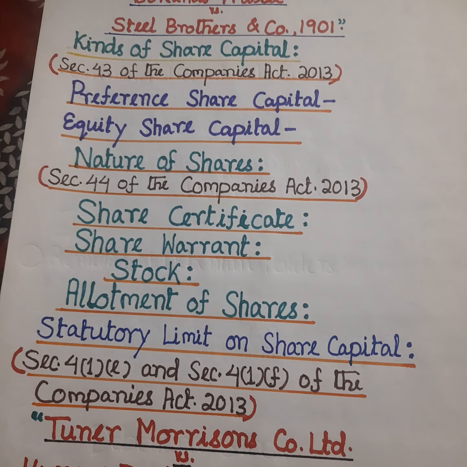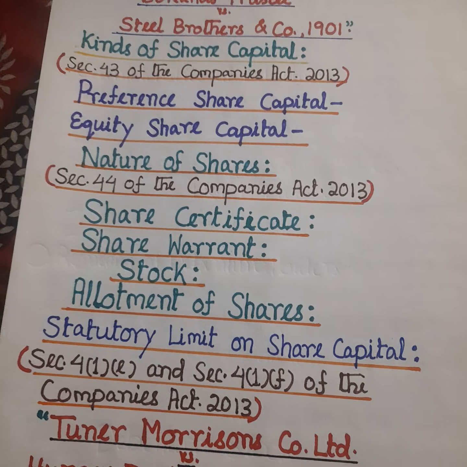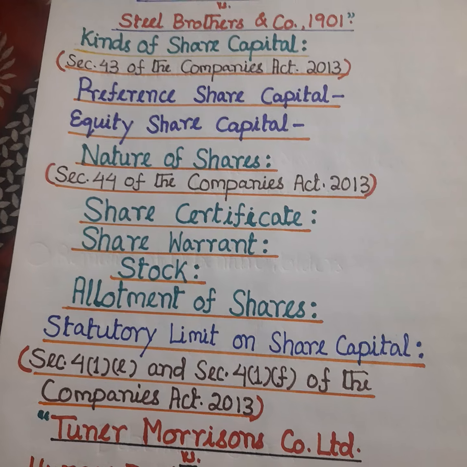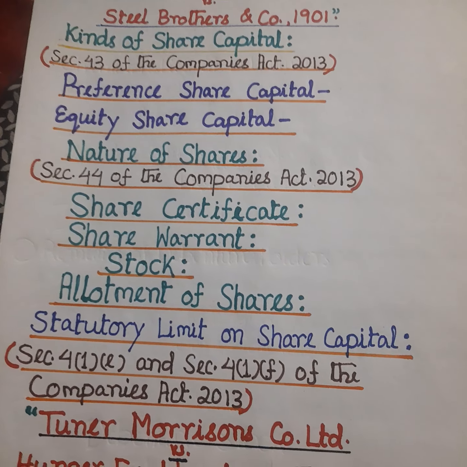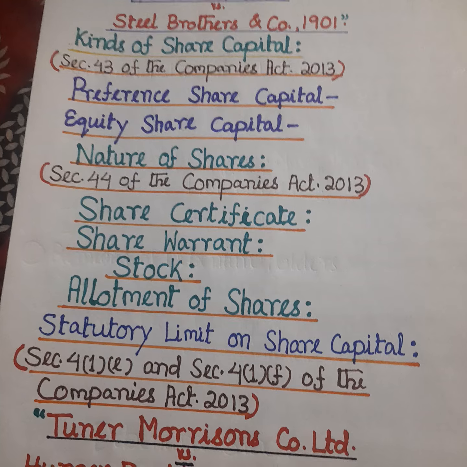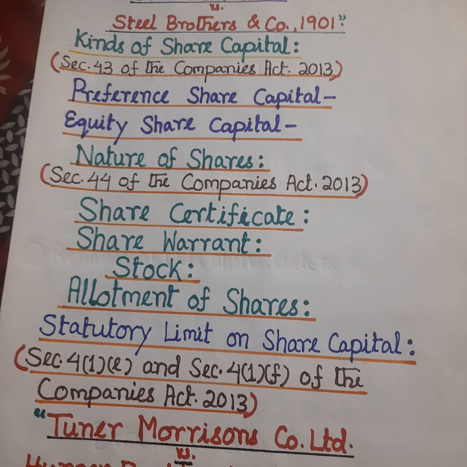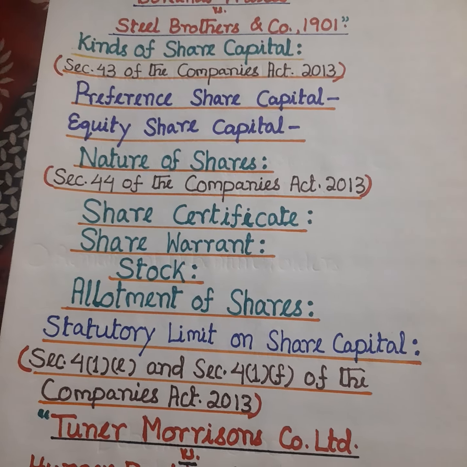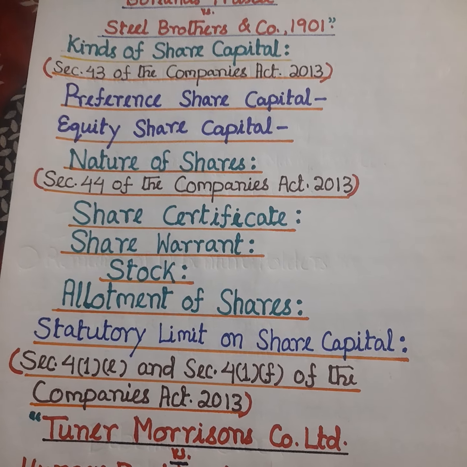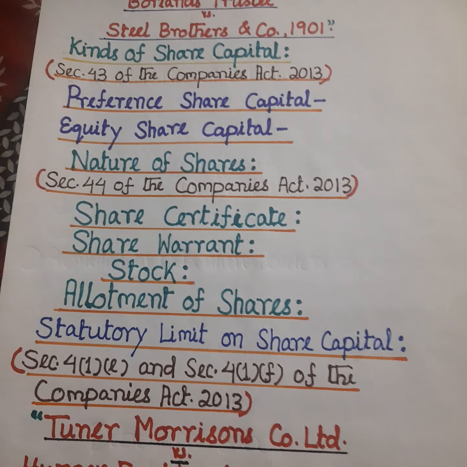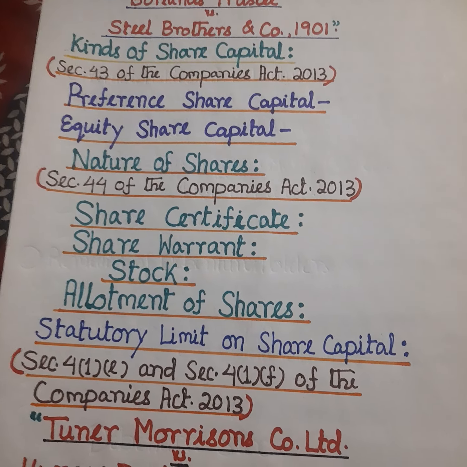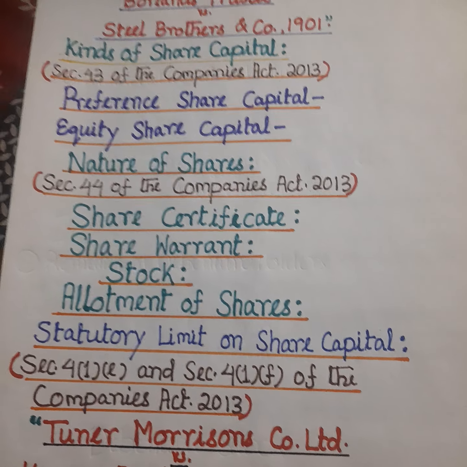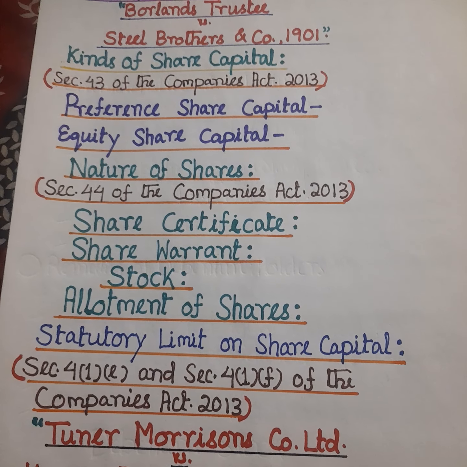No valid allotment, however, can be made until the amount due on the application, as provided under Section 39 of the Companies Act, which must not be less than 5% of the nominal amount of the share, has been paid. The allotment of shares must always be made by the directors of the company by means of a resolution at a meeting of the board of the company.